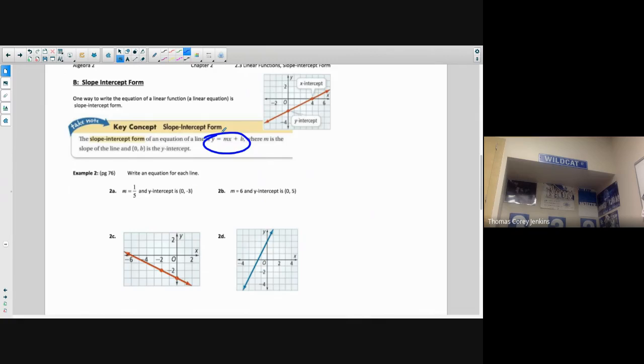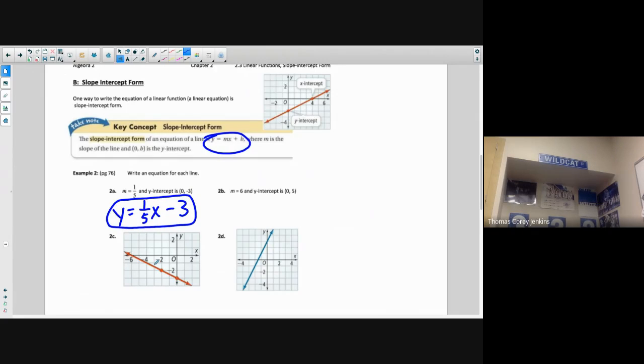You probably remember hearing that. So if we sub in 1/5 for m, and negative 3 for b, it would look like this. y equals 1/5 x minus 3. So in other words, we don't want to write plus negative 3. You want to do minus 3.